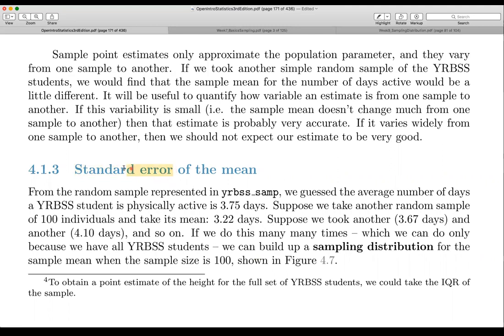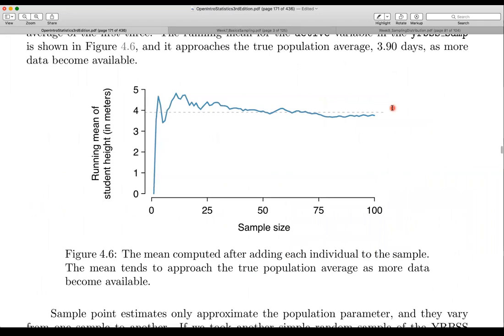But all we're saying when we talk about standard error is that if we take a sampling distribution, that is, if we aggregate, let's just imagine in this hypothetical case, we take 100 different studies, 100 students in the class, each take a simple random sample of the average, say, height of students in meters.